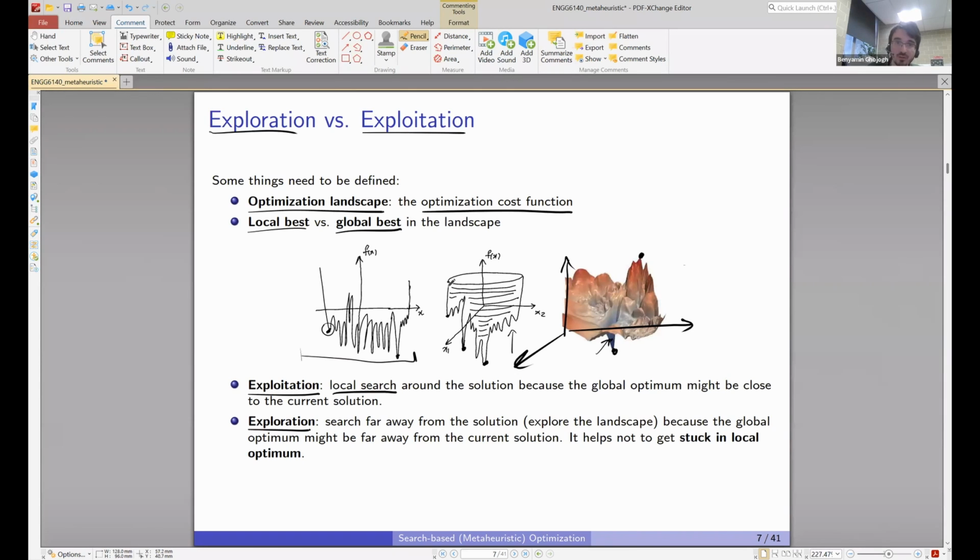Let's explore far away in the optimization landscape, in the domain or the feasibility set of input, because the global optimum might be far away from the current solution. So search far away from the solution, right? This helps not to get stuck in local optimum. If you do only exploitation, you might get stuck in the local optimum, but exploration helps avoid that. Probably we find a better solution far away from our current solutions.